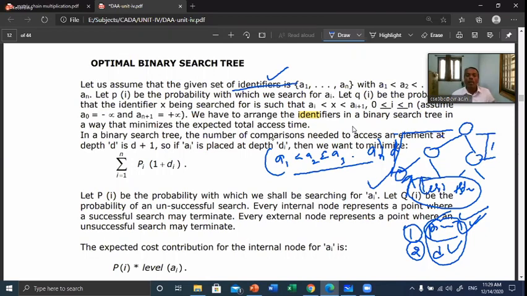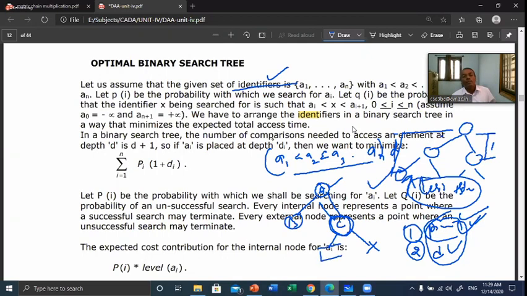I'll tell you an example. This is my element A and this is B, and let us take this is C. Now I am searching for X. Whether X is here or not, X is more than A, so I'll go to this side. If I see here X is not there, that means there is an unsuccessful probability also.